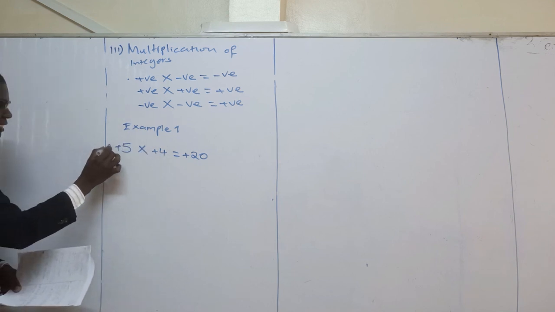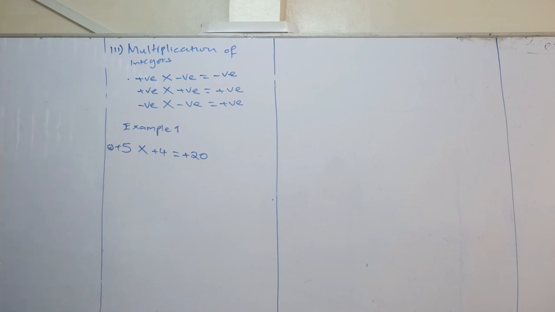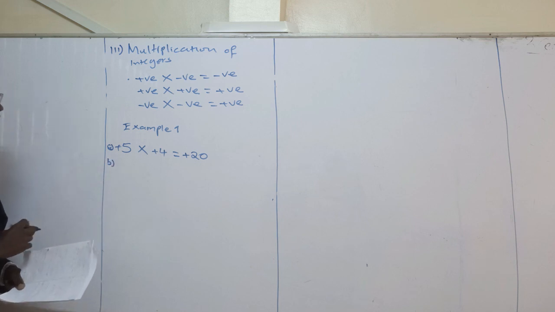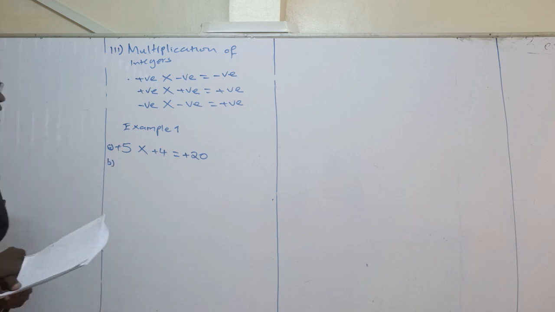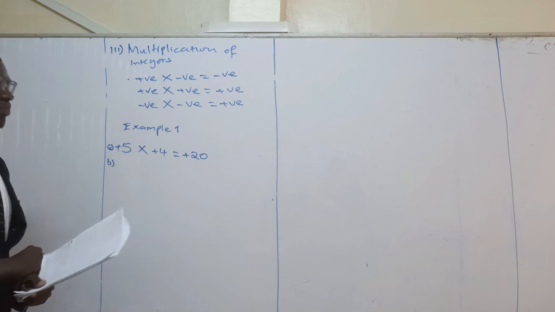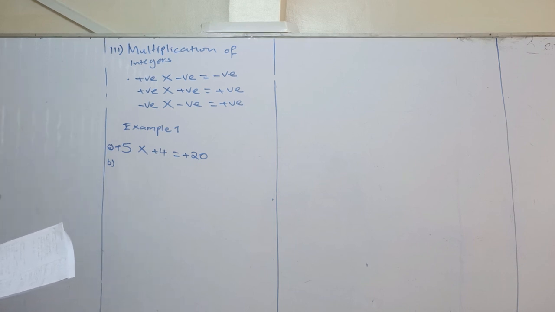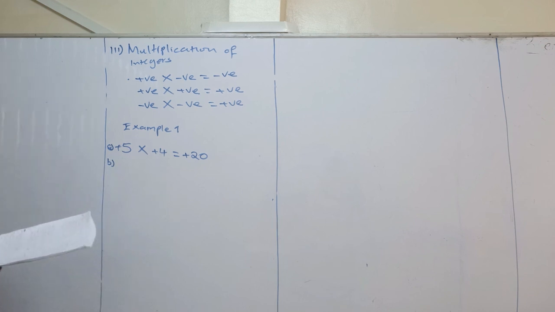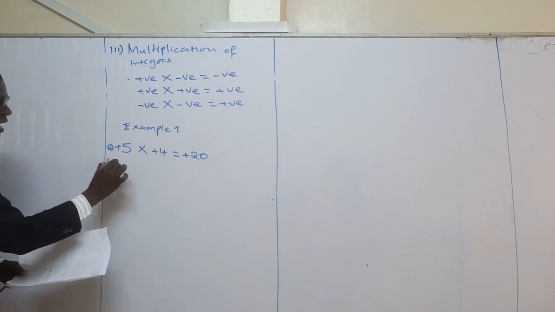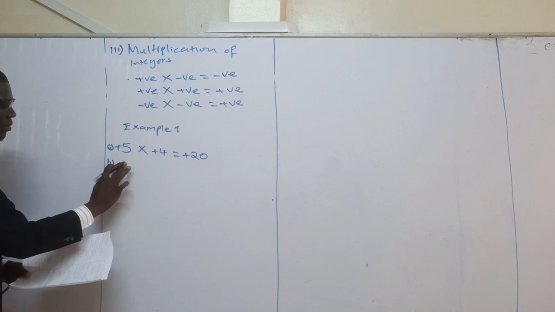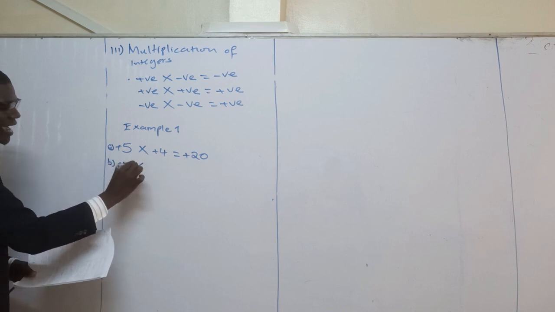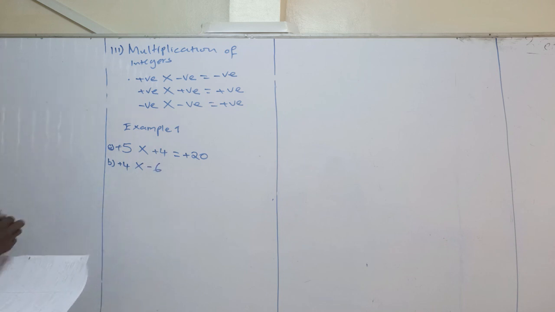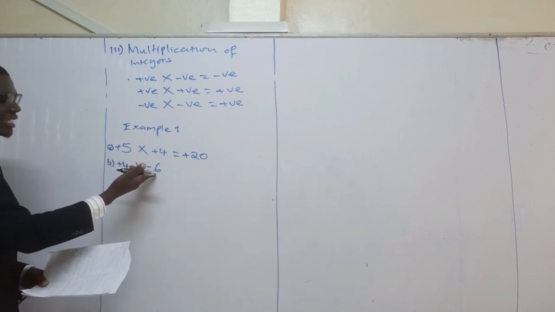I can say this is part A of example 1. Part B of example 1, I can have a question where we are multiplying a positive integer by a negative integer. For example, I multiply a positive 4 by a negative 6.